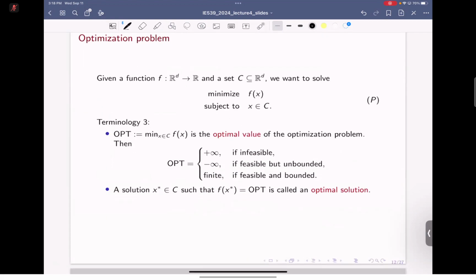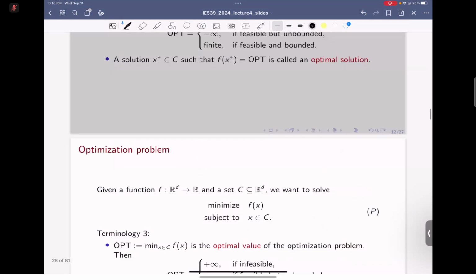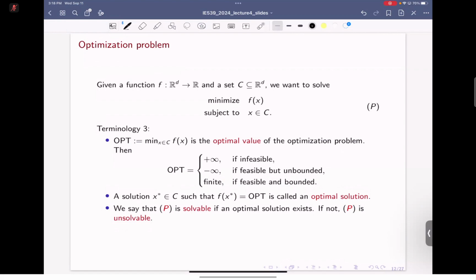And any solution whose objective value is equal to the optimal value is called an optimal solution. And you say that the problem is solvable if there's an optimal solution. And if not, the problem is unsolvable.